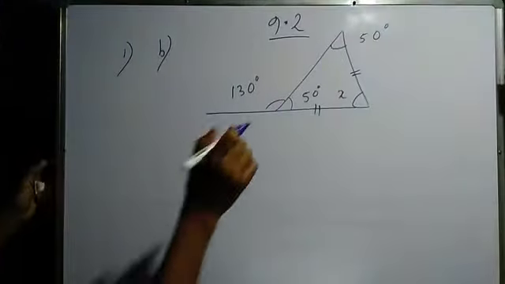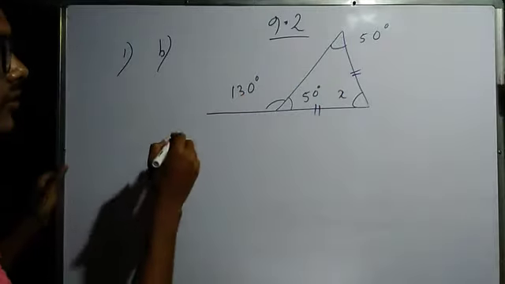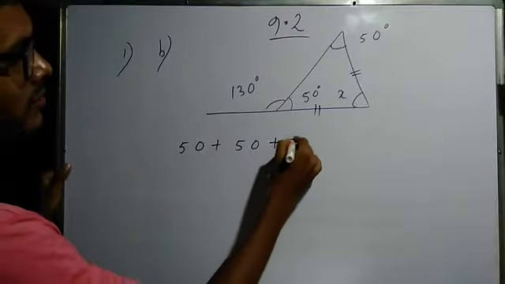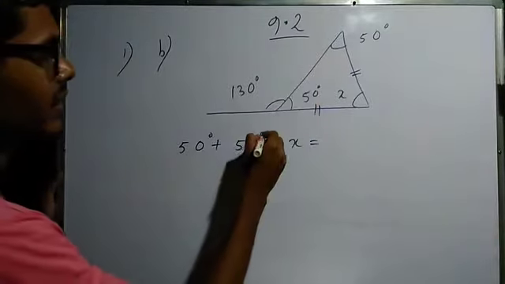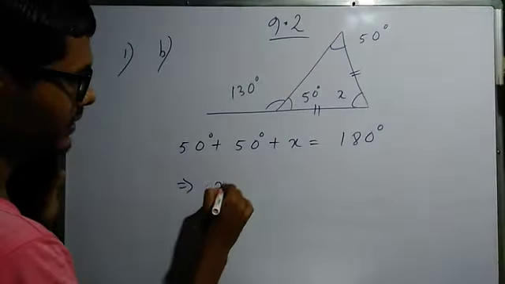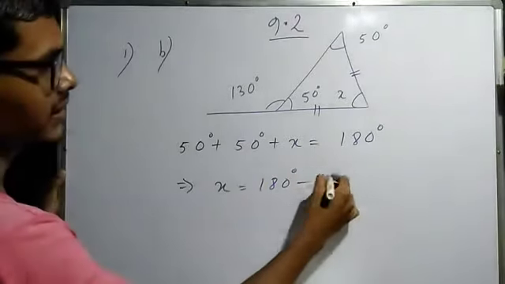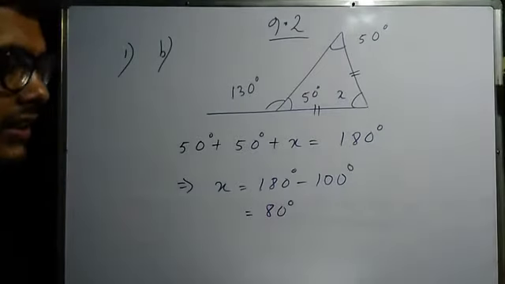In this triangle, if you add all three angles, it will always be 180 degree. So 50 plus 50 plus x. The sum of all three interior angles of a triangle is 180 degree. So what will be x? 180 degree minus 50 plus 50, which is 100. So x is 80 degree.